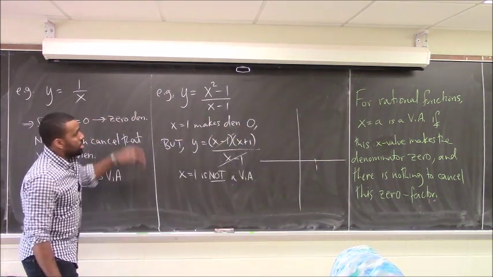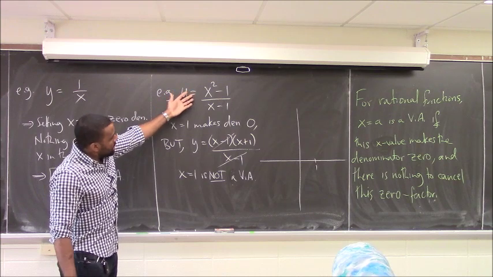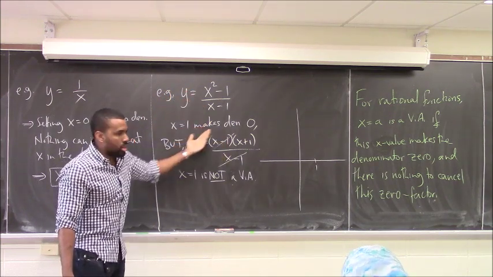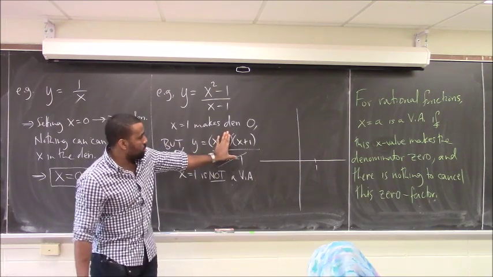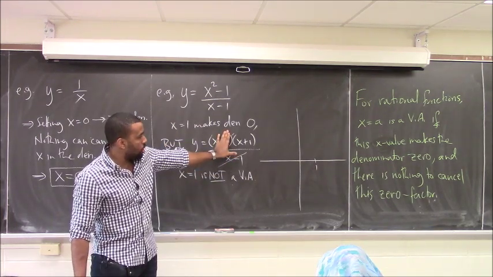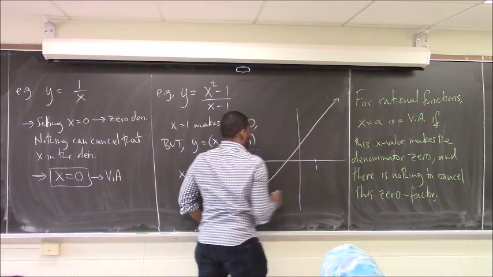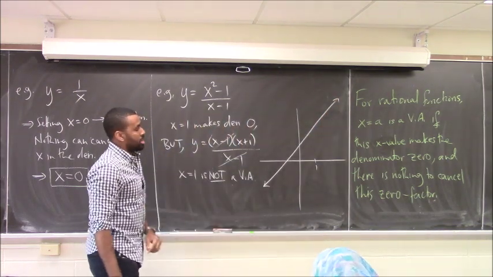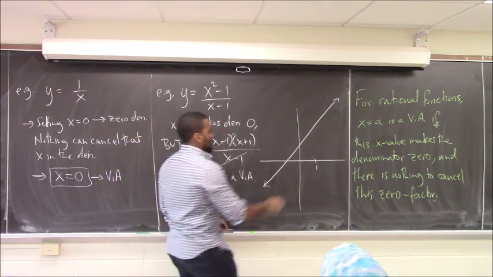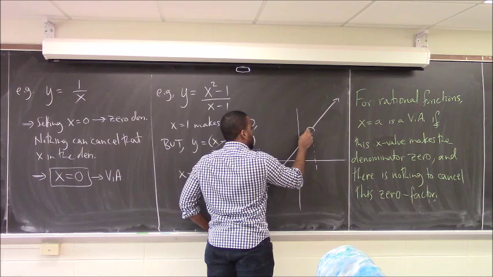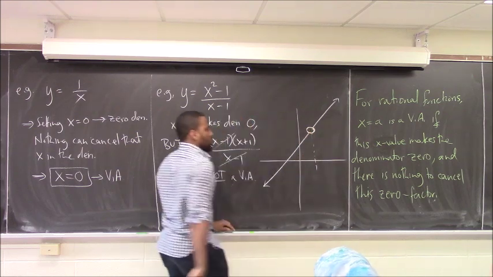Basically, this is saying, here's some fraction. Now, as long as we're not at 1, we can just cancel away the denominator, and so our function is going to behave like y equals x plus 1. So that's pretty much a straight line. However, since we're dividing by x minus 1, a division by 0 is created at the location where 1 would happen, and that happens to induce what we call a hole.